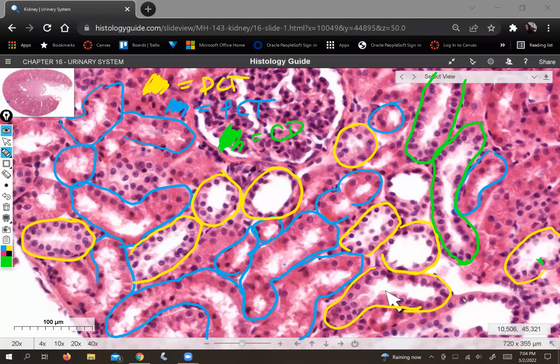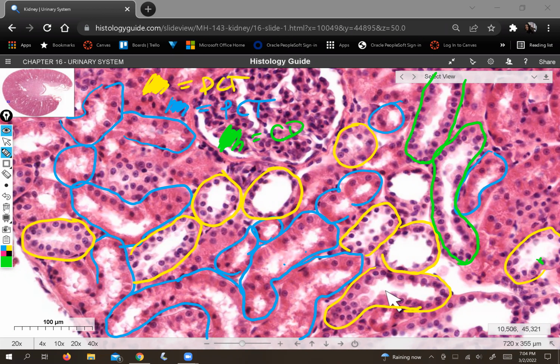Collecting ducts are part of the medullary rays, those ray-like swaths of tubes that I showed you from more zoomed out. Medullary rays include collecting ducts and also vascular components that are transitioning between the cortex and the medulla. So things like cortical radiate arteries and or veins are also going to travel in parallel with collecting ducts.